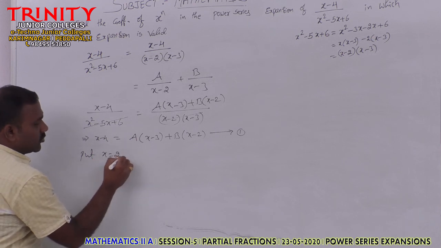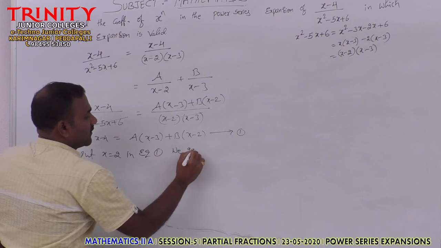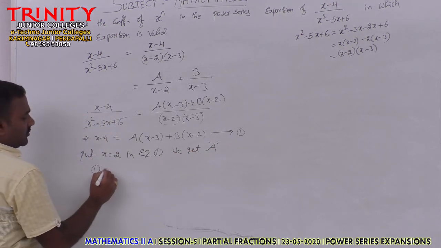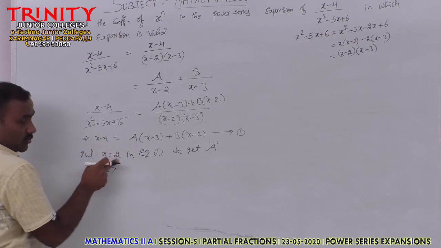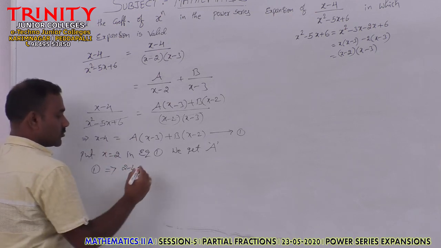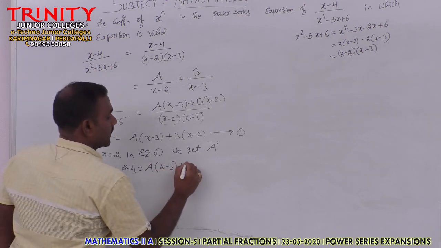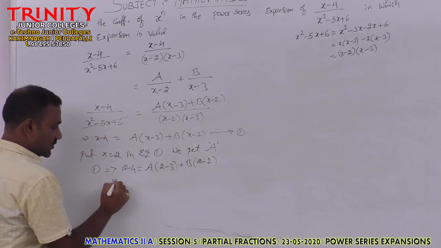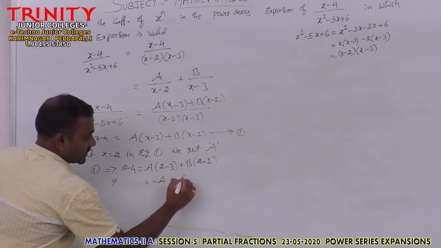Put x is equal to 2 in equation 1. We get the value of a. Equation 1 implies x minus 4, with x equal to 2: 2 minus 4 is equal to a into 2 minus 3 plus b of 2 minus 2. 2 minus 2 is clearly 0. 2 minus 3 is minus 1, so it is minus a, and this is 0.